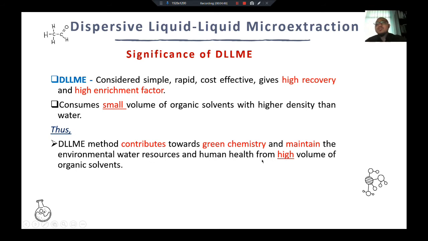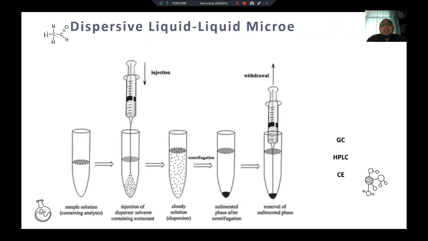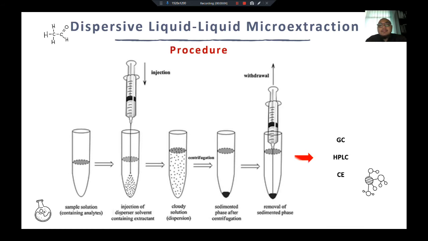It contributes to green chemistry because we use just a minute amount of solvent, and we don't use a lot of hazardous solvent that we would have to dispose of at the end. So it contributes to sustainable chemistry and also green chemistry. Here is the procedure, I think I have described it.